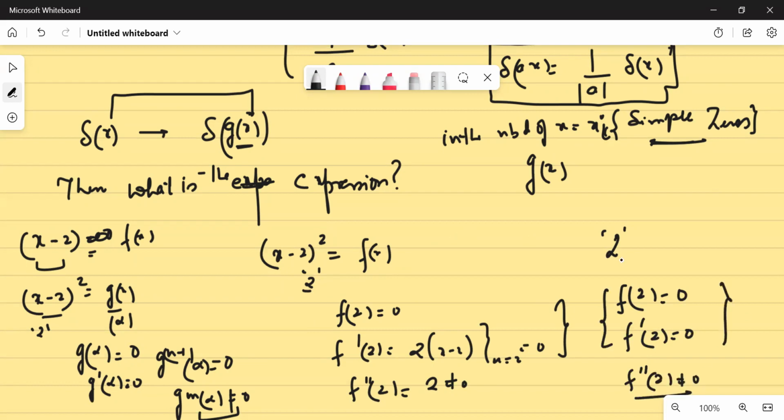This is in a way how we can define repeated zeros. Although I'm writing here that if I find a question which says that instead of Dirac of x, I'm writing Dirac of g of x, such that g of x has simple zeros.